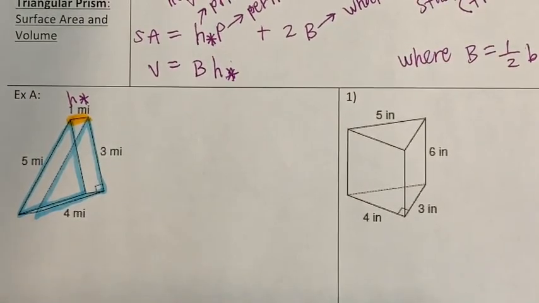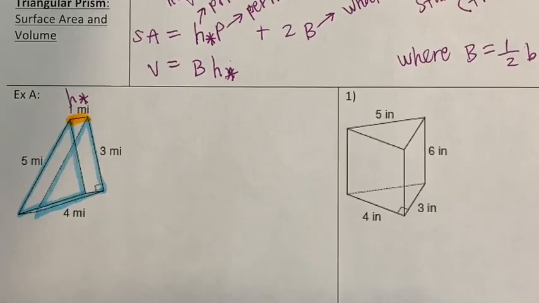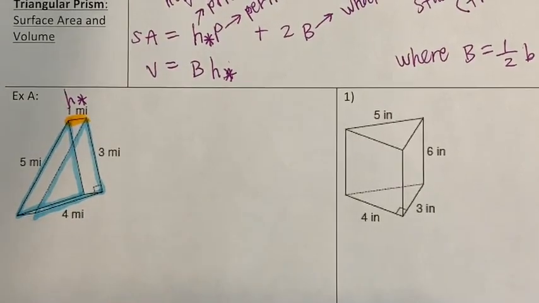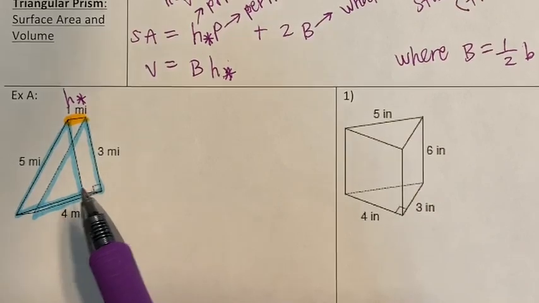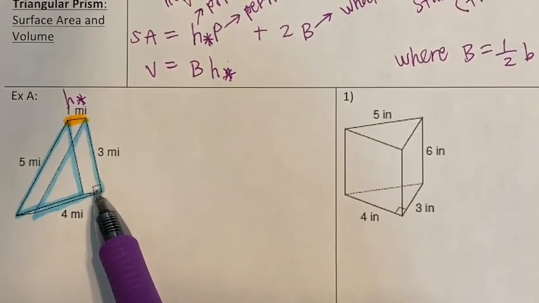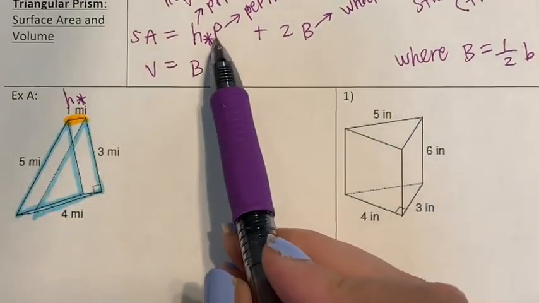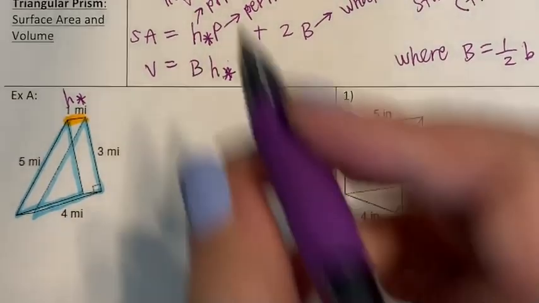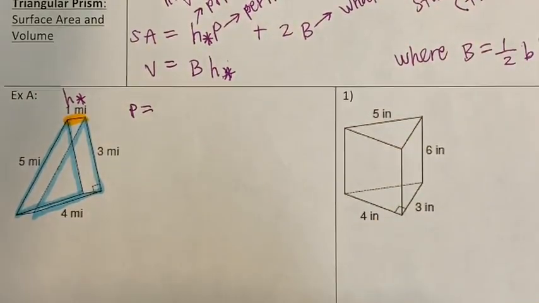Just like with cylinders, we did some scratch work. For cylinders, we found the circumference of the circle, and we also found our big B, which was the area of the circle. I'm going to do the same thing with these prisms, except I'm not going to do circumference. We already talked about how you can't find the circumference of a triangle. Instead, we need to use the perimeter of a triangle. So the first piece of scratch work: what's the perimeter of my base?